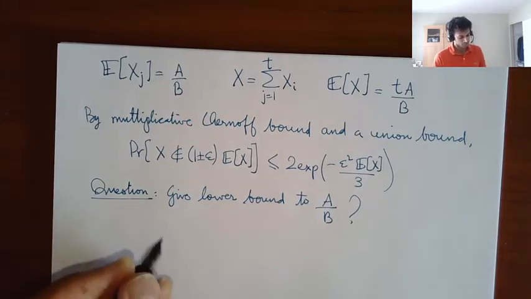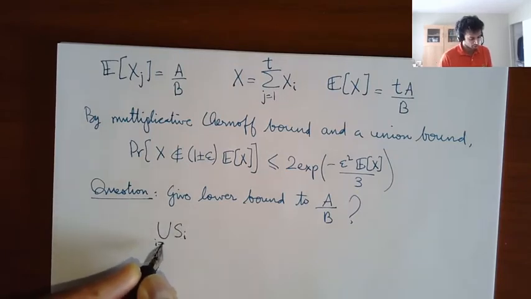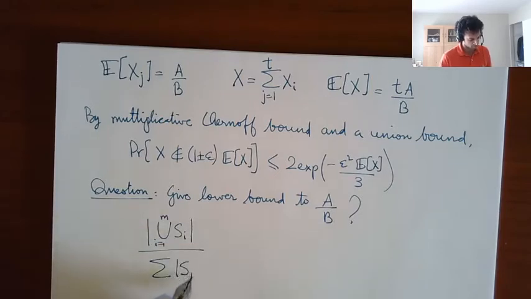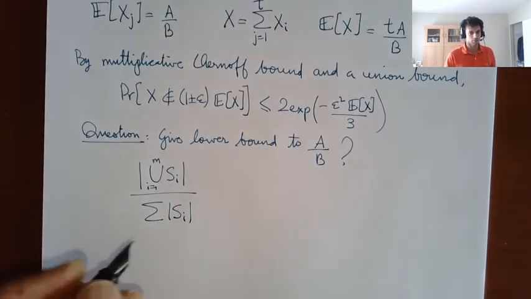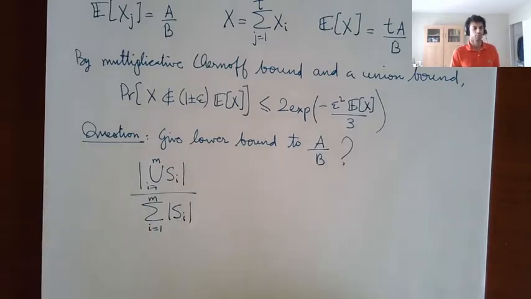So let's just recall, A is the union of M sets, and the denominator is the sum of the sizes of M sets. Can you give me a lower bound on this? Well, I guess in the worst case, all the sets are the same, so the size of the largest Si.